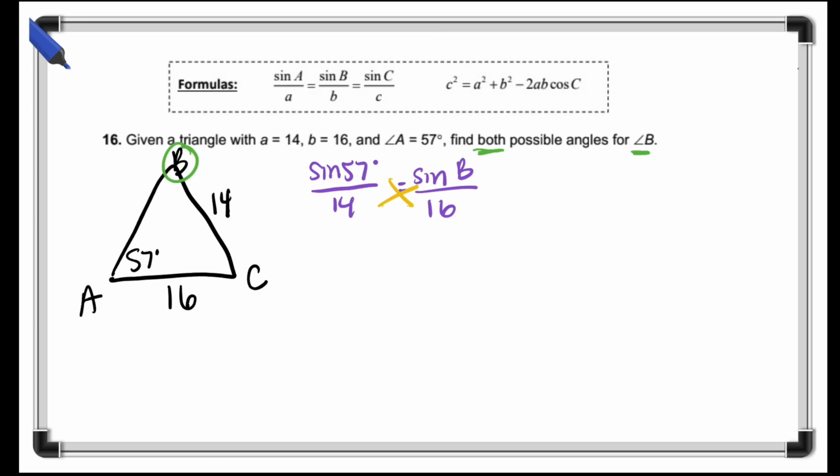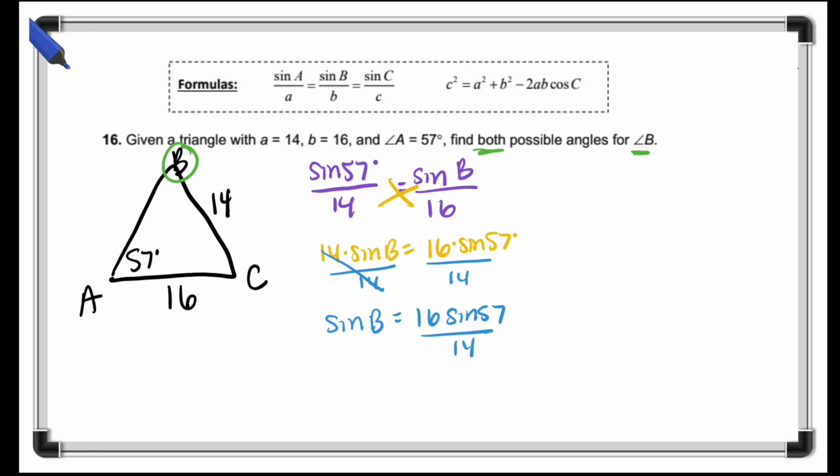You are going to cross multiply, so 14 times the sine of B equals 16 times the sine of 57. Divide both sides by 14. So the sine of angle B is going to be 16 sine 57 over 14. Whenever you are looking at finding an angle B, you are doing the inverse. You're going to do the inverse sine of everything that's here.